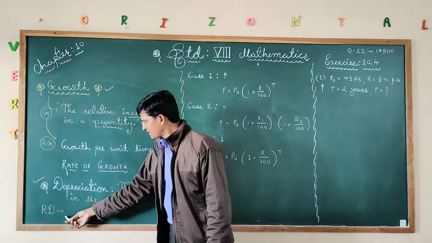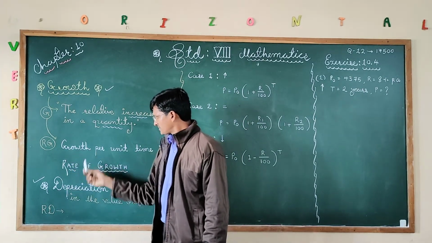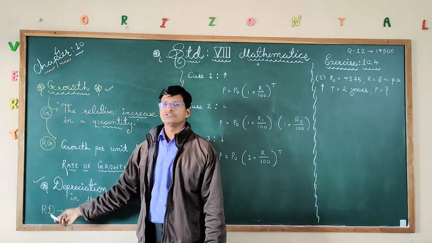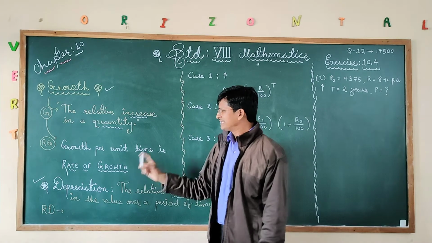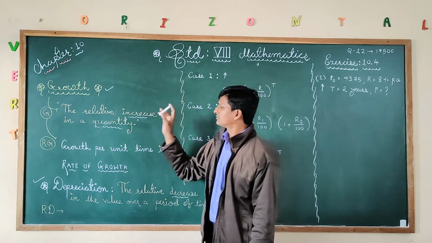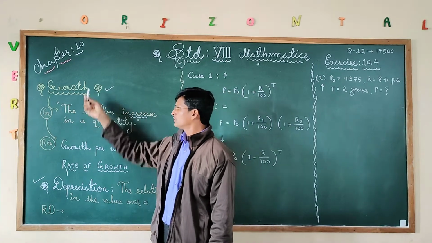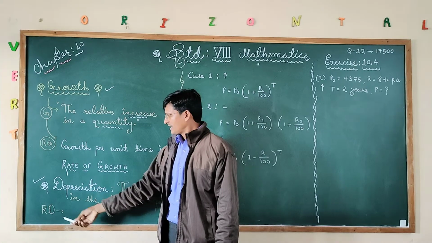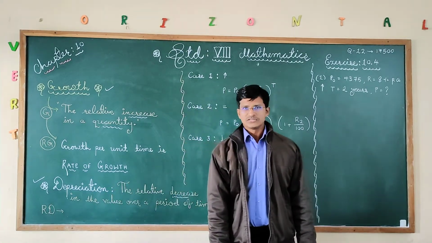Got it? So these four important terms in this topic we need to understand: what is growth, what is the rate of growth, what is depreciation, and what is the rate of depreciation. Got it?